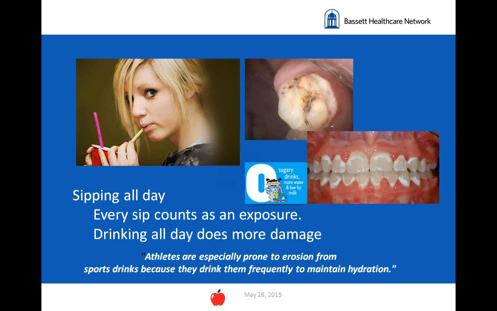Also, we'll counsel patients that sipping all day can be harmful, especially with sugar-sweetened beverages. Every sip counts as an exposure, so when they sip that battery acid sugary drink cocktail, that can result in even more damage. So we reinforce that water is the best way to maintain their hydration.